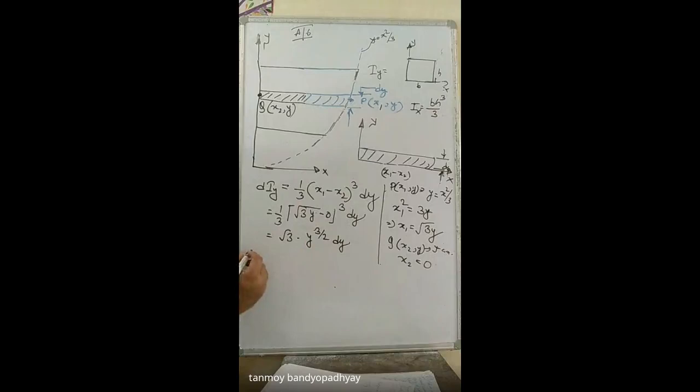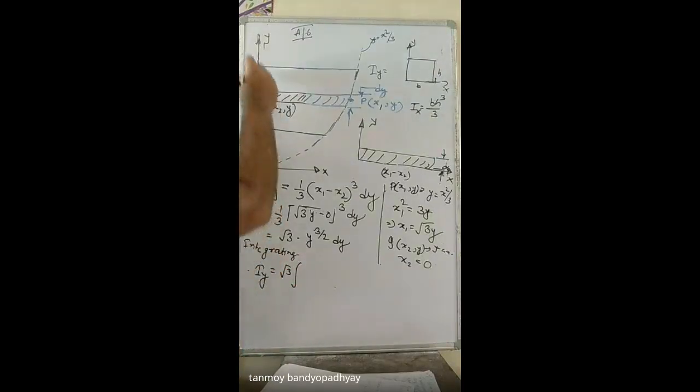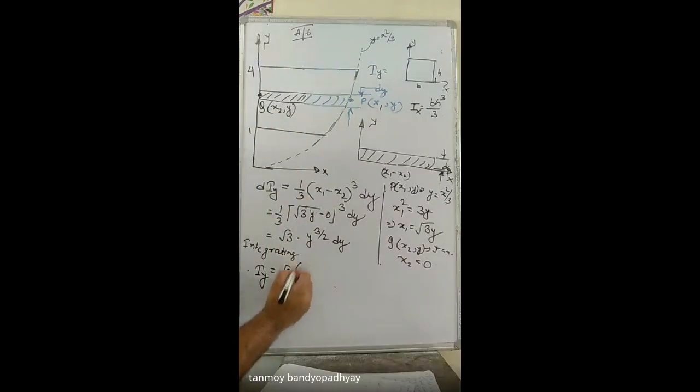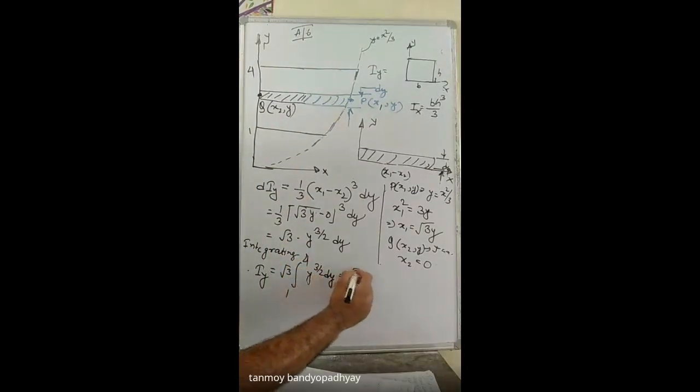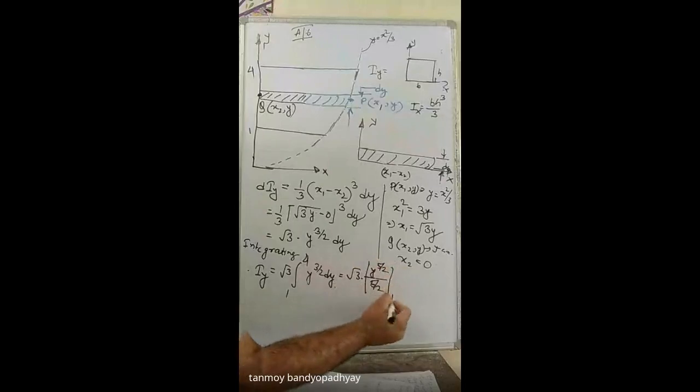Now if I integrate, Iy should be equal to root 3 integration of y varies from 1 to 4, y to the power 3 by 2 dy. So that is root 3 into y to the power 5 by 2 divided by 5 by 2, y varies from 1 to 4.